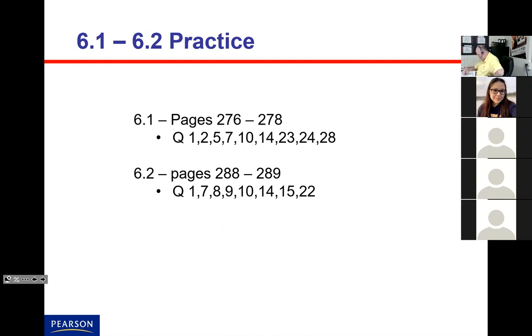Let's see. That one's the same as that one. Okay. That one is the same as that one. That one and one, hang on. 1, 2, 3. Oh, that's different. Those 2 are the same.